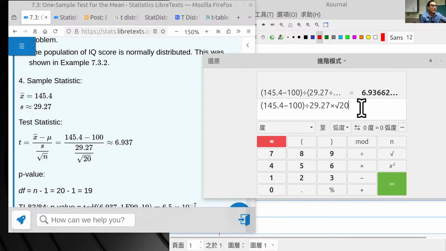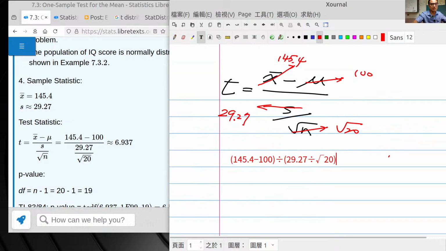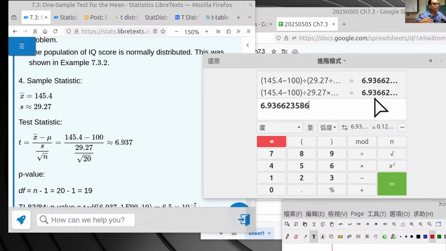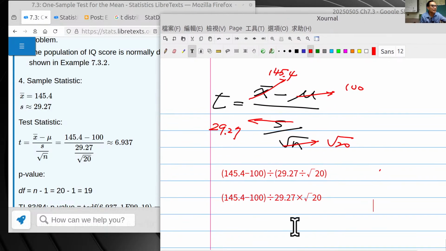You will get the same answer. Click it. See, we get the same answer here. So this part is calculated the same way.